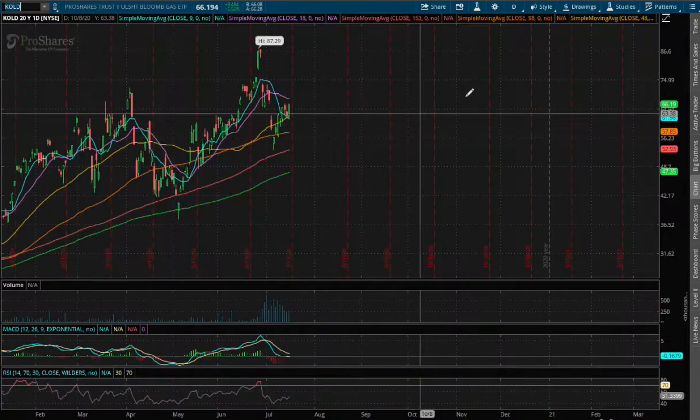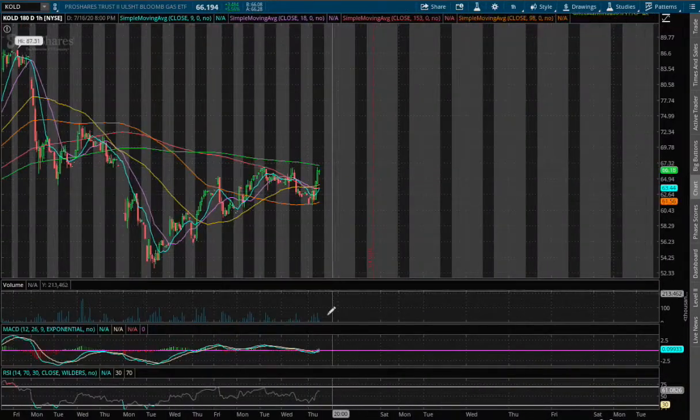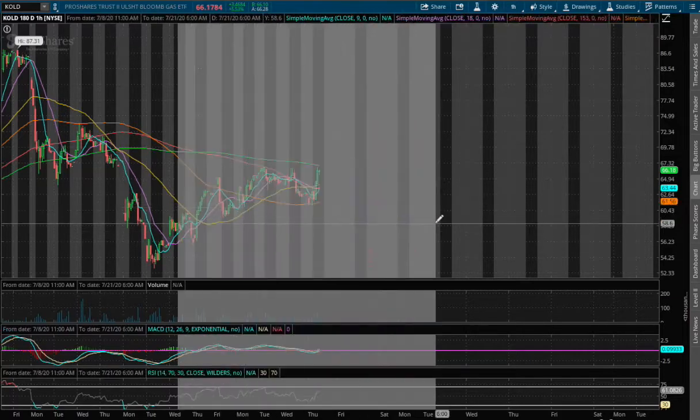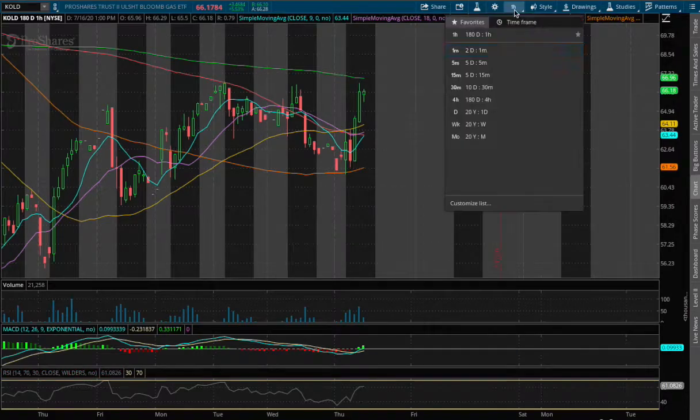Currently it is up 5.6% on the 1 hour chart. What we have here, we are now approaching positive MACD. We may see temporary resistance on the 200 moving average, that green line.